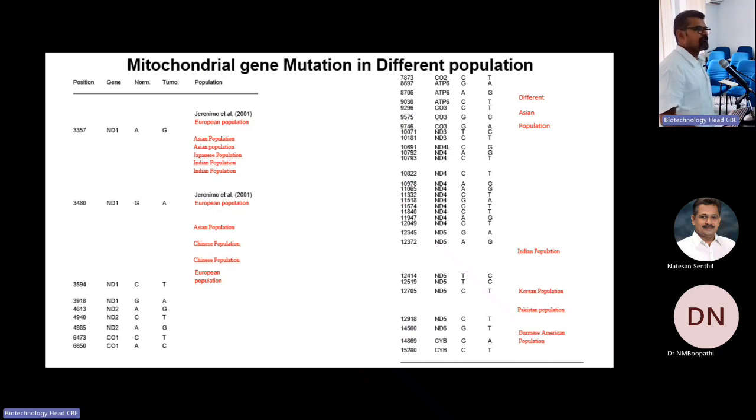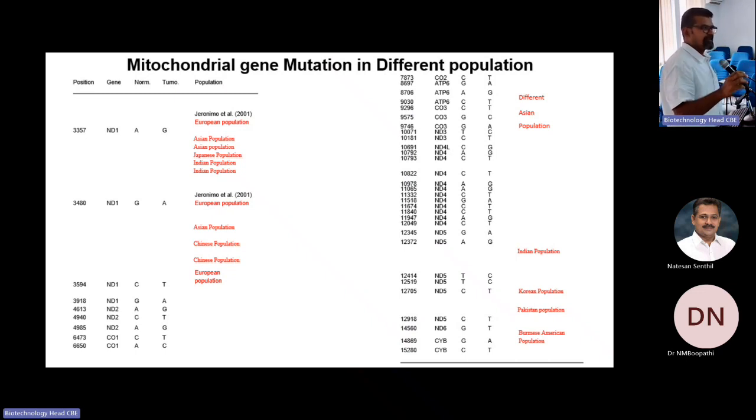So here is one example of gene mutations in different populations. The mitochondrial genome is 16,500 base pairs. Different genes are involved, like ND1, ND2, CO1, CO2, CO3, ND4, ND5, cytochrome B. These mutations are present in cancer patients, from the normal to the tumor samples, in different populations in a unique pattern, right?